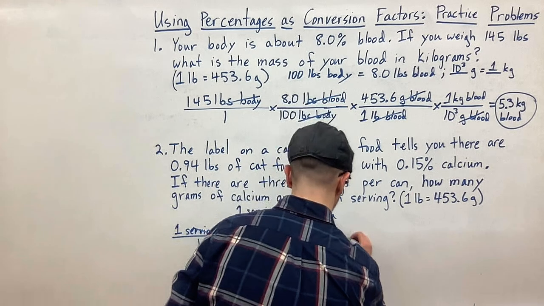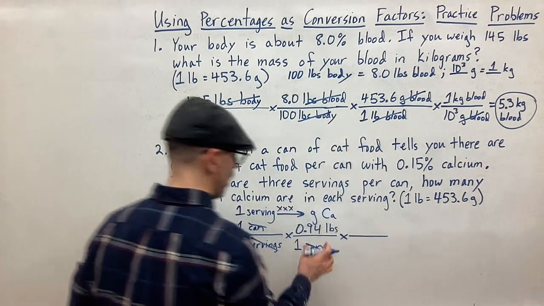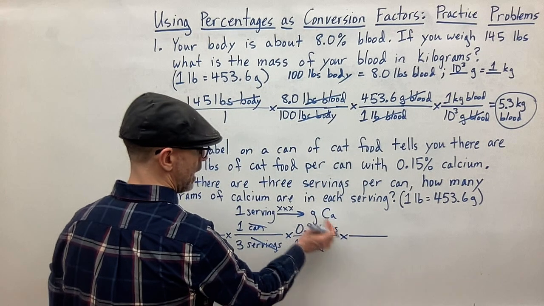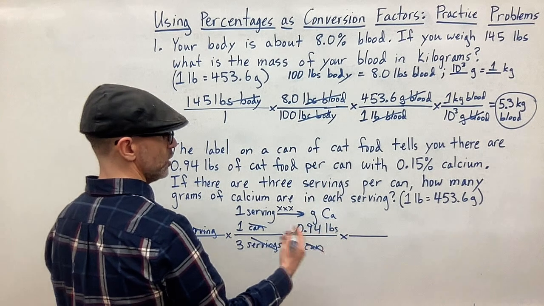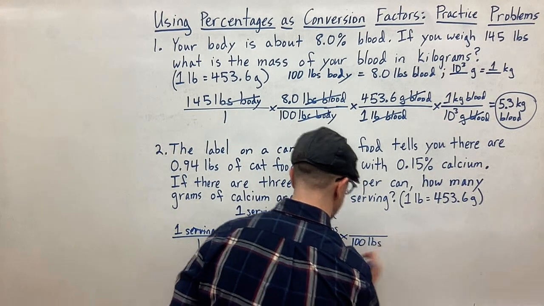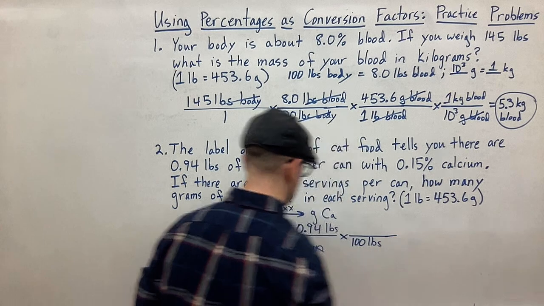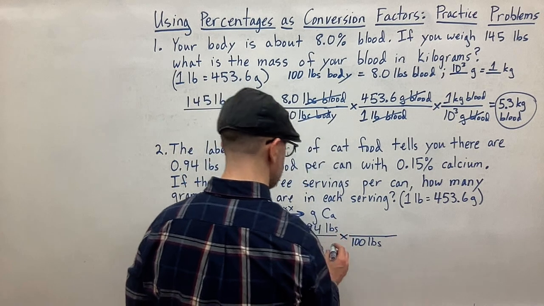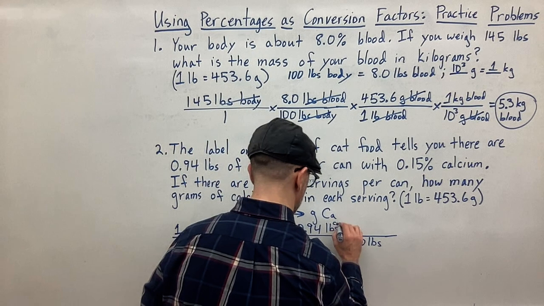So I'm going to write that as a conversion factor. So I have pounds of cat food on the bottom, so I can use pounds. So 100 pounds of cat food. I should put cat food here so we know what we're talking about.